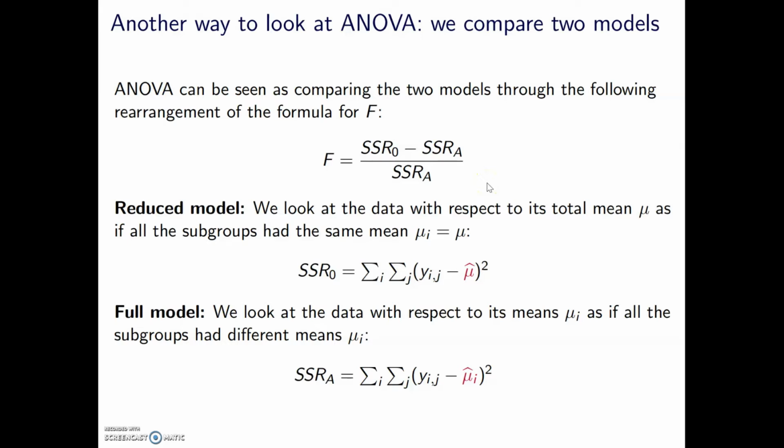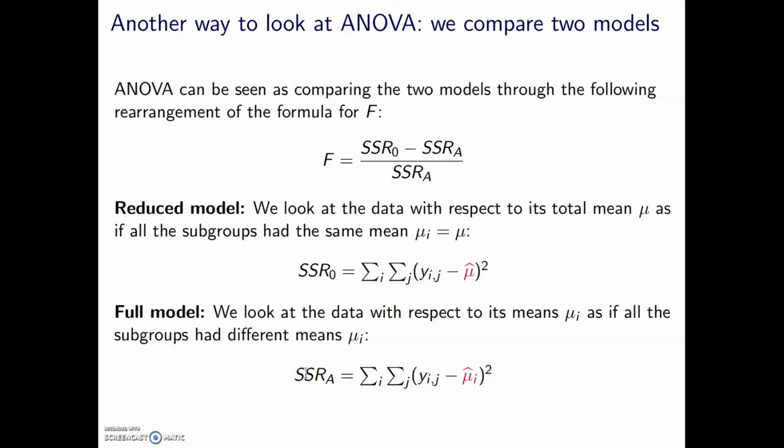This slide gives us another way to look at ANOVA, where instead of presenting the F statistic as a simple ratio, we can express it in terms of a difference. We interpret this difference as a comparison between two models, the reduced model and the full model.